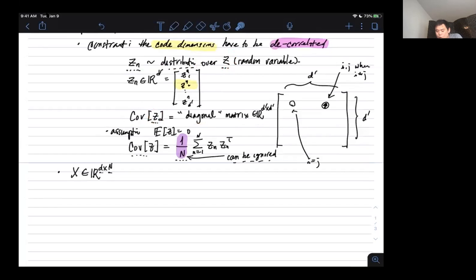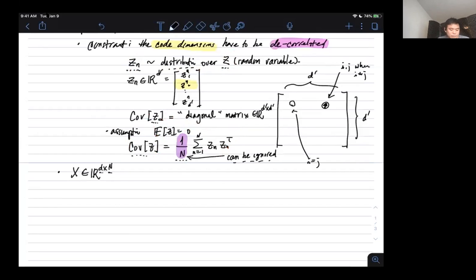What we are looking at is the covariance of the random variable Z. And then how we are going to estimate this covariance is by using these n many samples from this random variable Z, following some distribution. We don't really know what it is, but we have access to these samples. Assuming that they are all centered, we look at their outer products and then the average of those outer products. So that's how we do that.